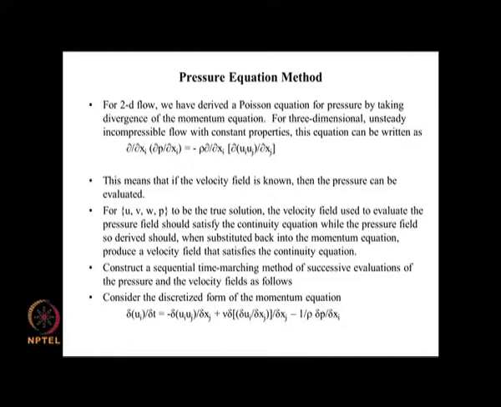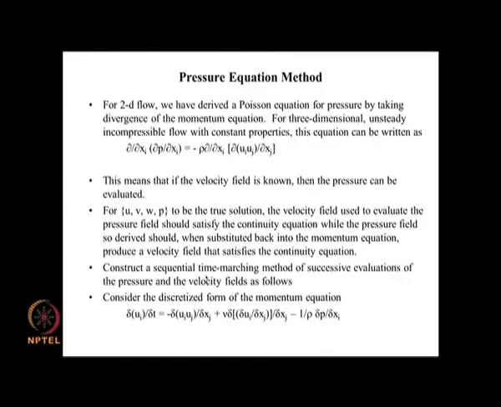So, we need to solve both the continuity equation and the momentum equation. So, if you are evaluating pressure from a velocity field, this pressure when substituted into the momentum equations to get a velocity field, that velocity field should also satisfy the continuity equation. So, that kind of necessary condition is there for a u, v, w, p field to be considered as a true solution of the Navier-Stokes equations.